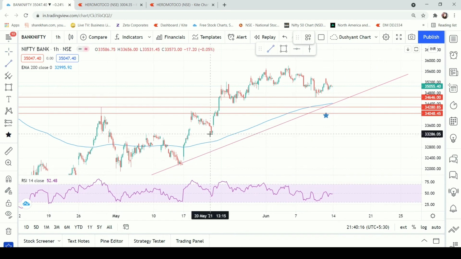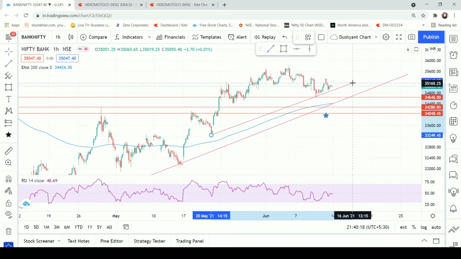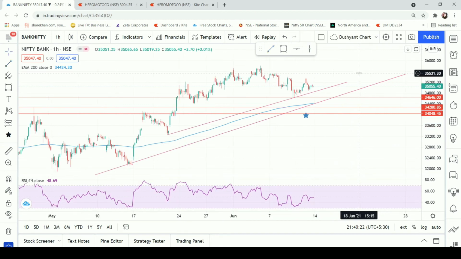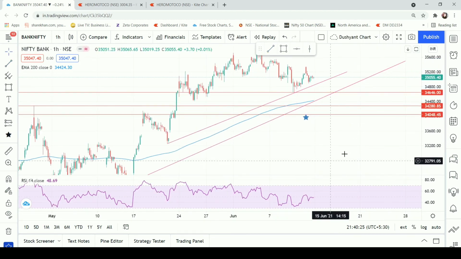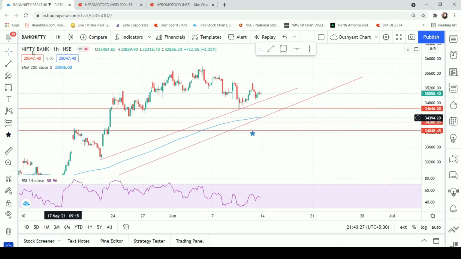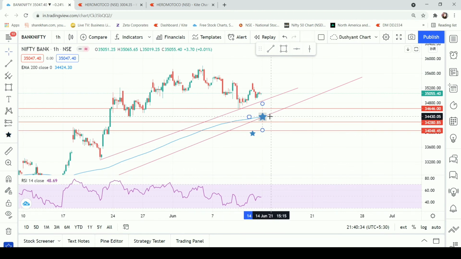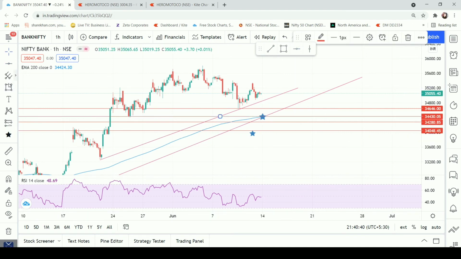So this is the trend line. Okay, and the moving average is 200 here. So this is 200. Okay, so 50 moving averages.